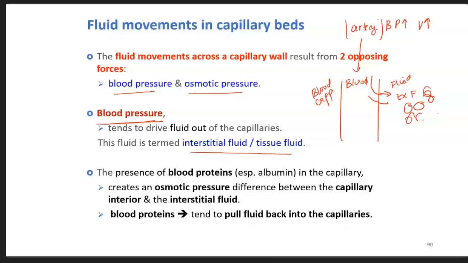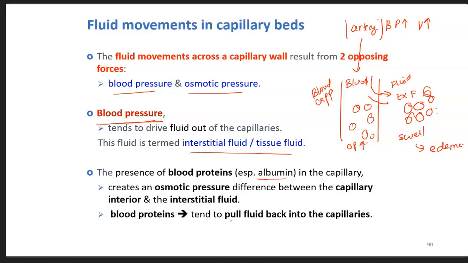This increases the osmotic pressure in the blood capillaries, and creates an osmotic pressure difference between the capillary interior and the interstitial fluid. So blood proteins tend to pull fluid back into the capillaries.